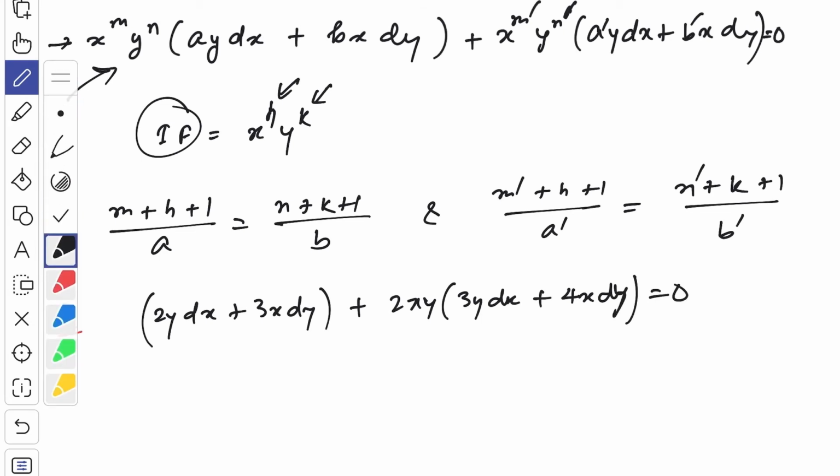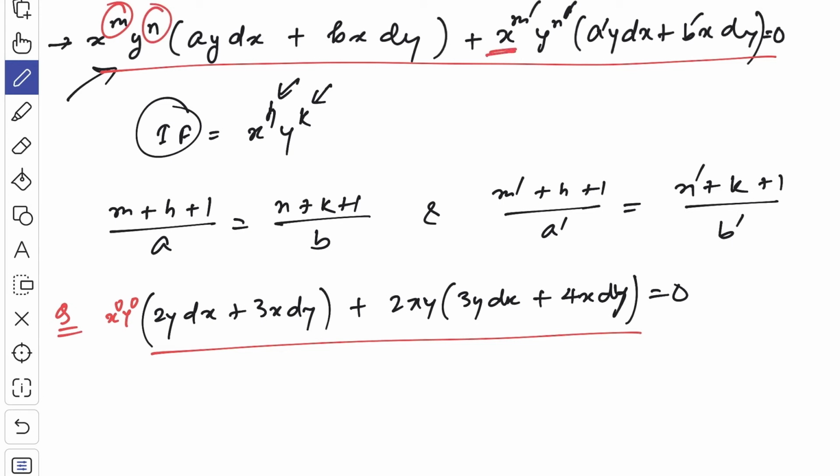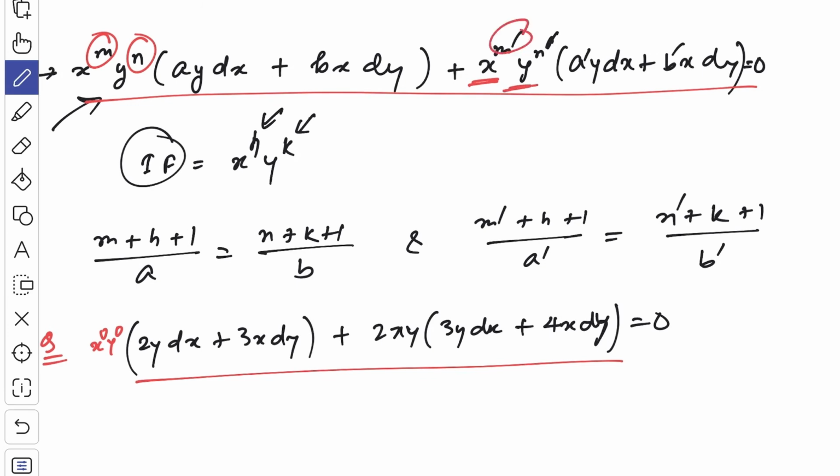Now here you see, in order to compare this equation with the above form, we can consider x to the power 0, y to the power 0, so the values of m and n will be 0, and here we have x to the power m dash and y to the power n dash. Here you see there is only 1. So we can multiply these two with the expression inside the bracket, so we will get x and y only as we have here.